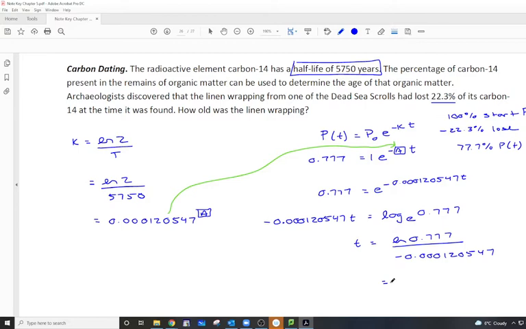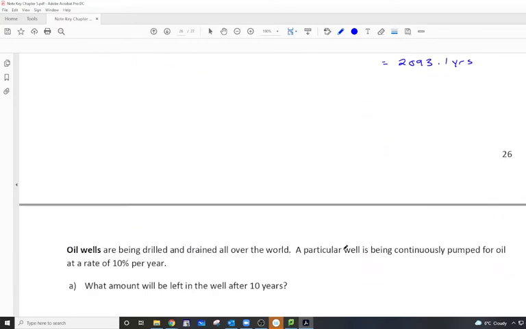For my calculator, if I hit recall A, I'm not allowed to retroactively make it negative, so I have to go back in and put the negative in front of the A. Then, if I hit equals, I get 2093.1 years. So this scroll, if it's lost 22.3% of its organic matter, or carbon-14, then we know that it's 2093 years, approximately.